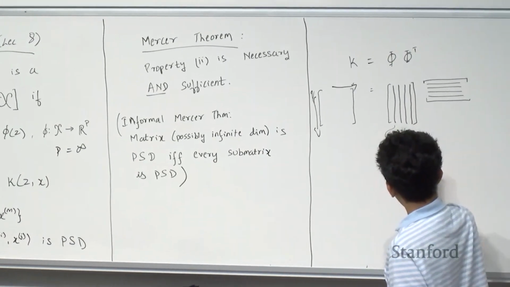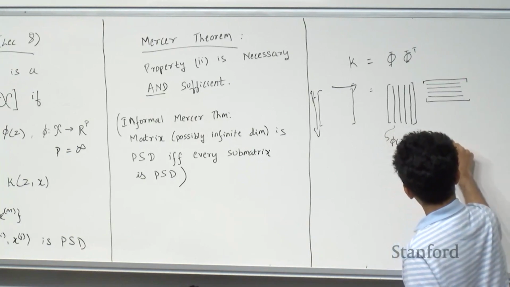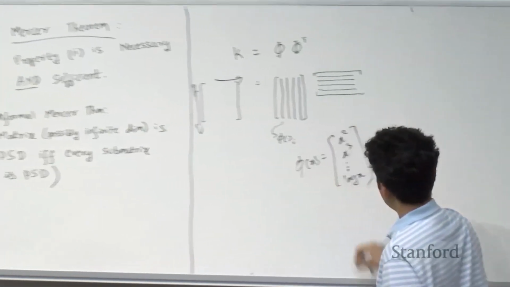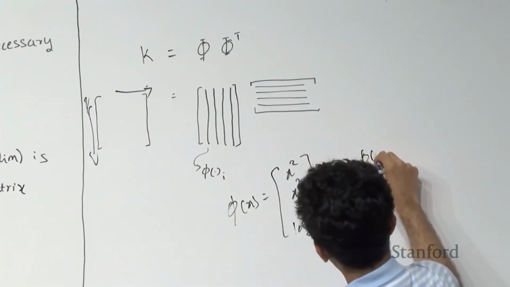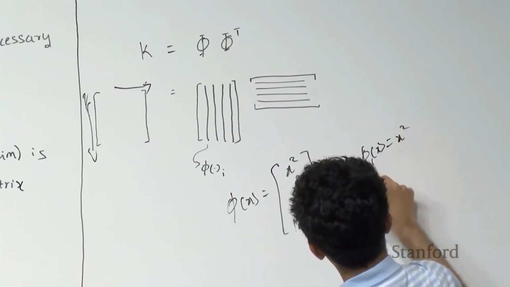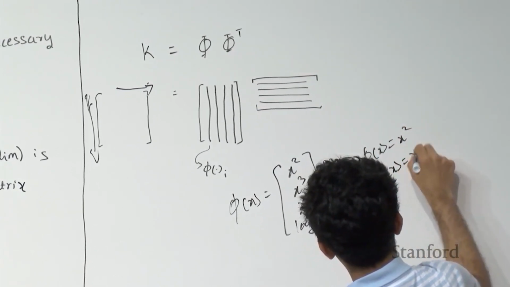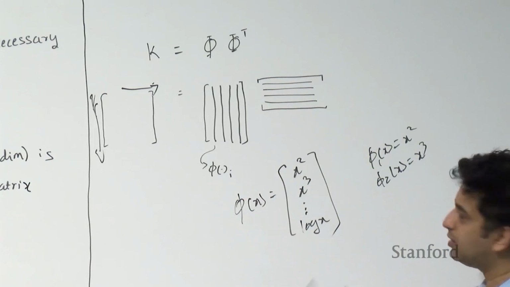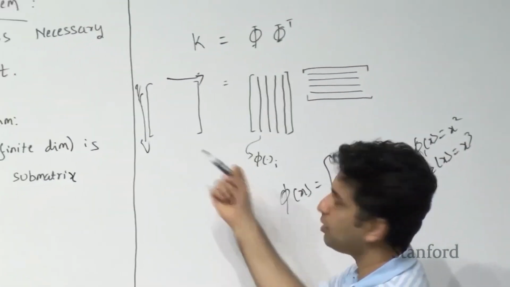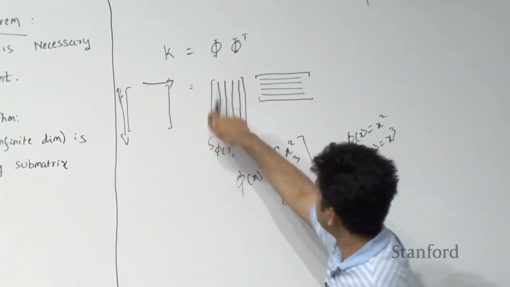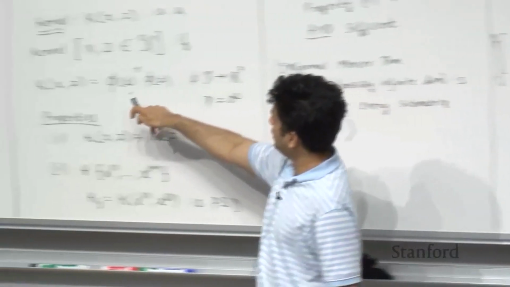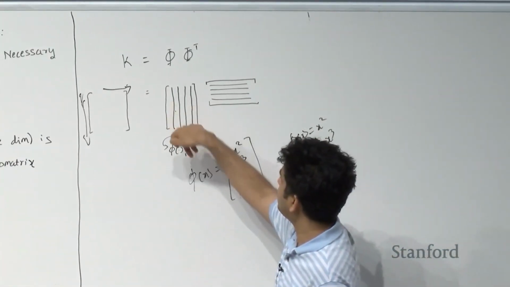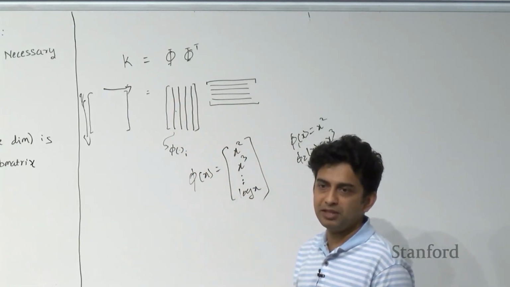For example, if you have phi of x equals x square, x cube, log x, some set of features, then we would call phi 1 of x to be x square, phi 2 of x to be x cube, and so on. So each of these phi_i corresponds to one such function, right? That's the general idea you want to have in terms of thinking about kernel matrices, that the corresponding features of the feature map that is implicit to the kernel are like the eigenbasis of that PSD matrix.